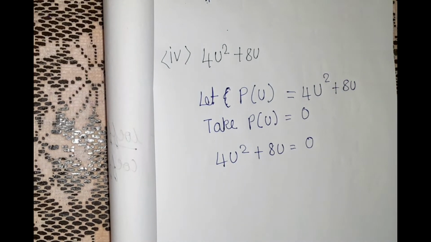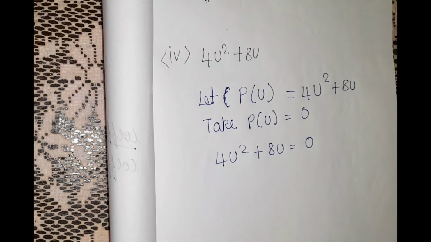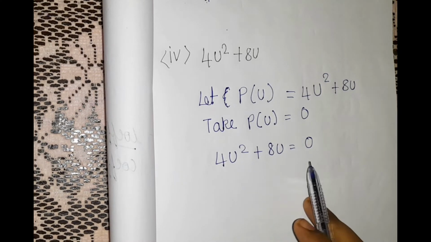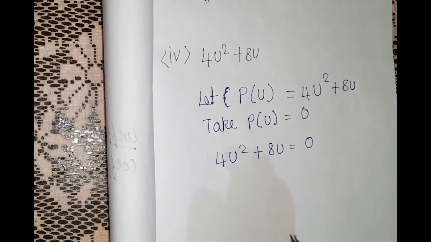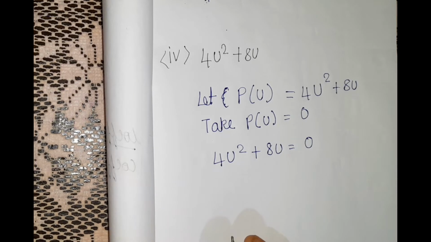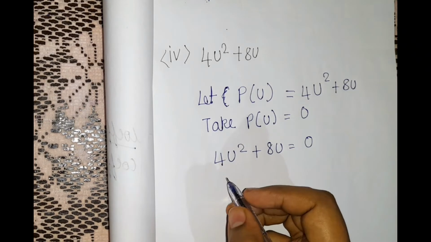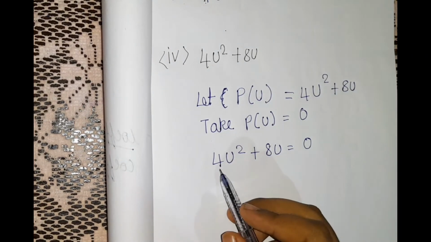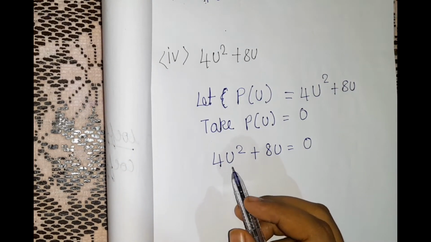So now what we are going to do is take the common factor. Here we got 4u square plus 8u is equal to 0. As you know, we don't have a constant value, so we can do it directly. Here we have 4 and u square.